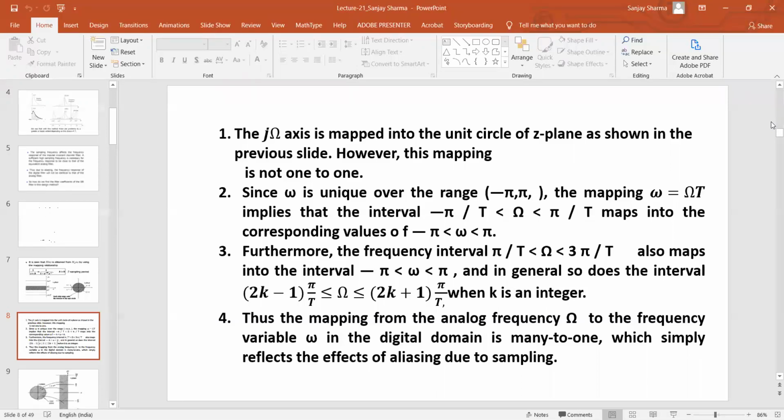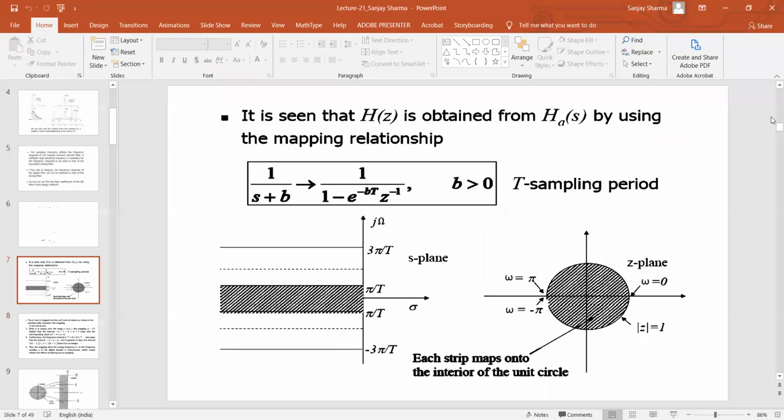So in this strip from minus pi by capital T to pi by capital T, the whole space on the left side of the j omega axis will go inside the unit circle, and the other strips from pi by capital T to 3 pi by capital T will also go inside the unit circle, and so on.